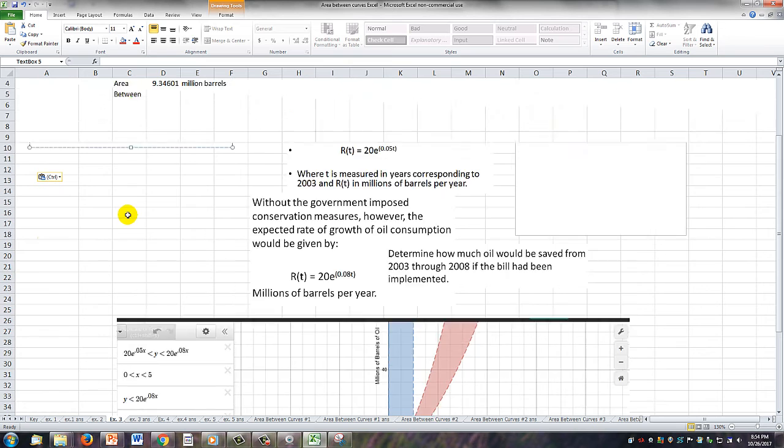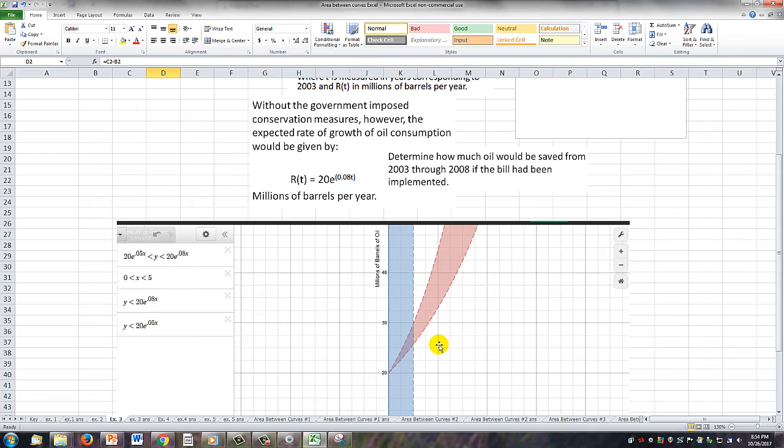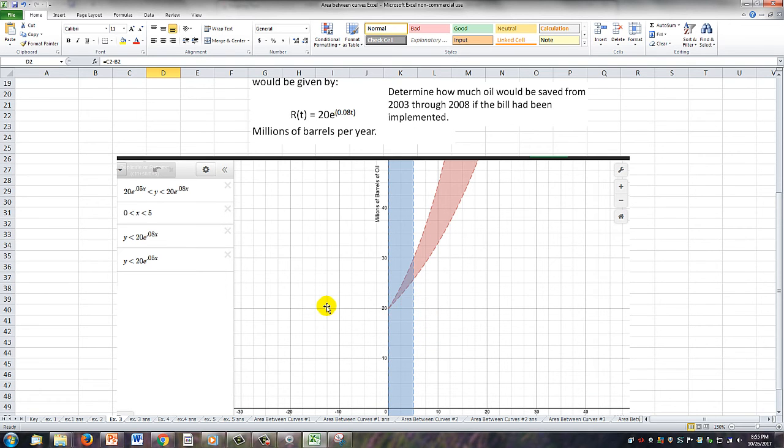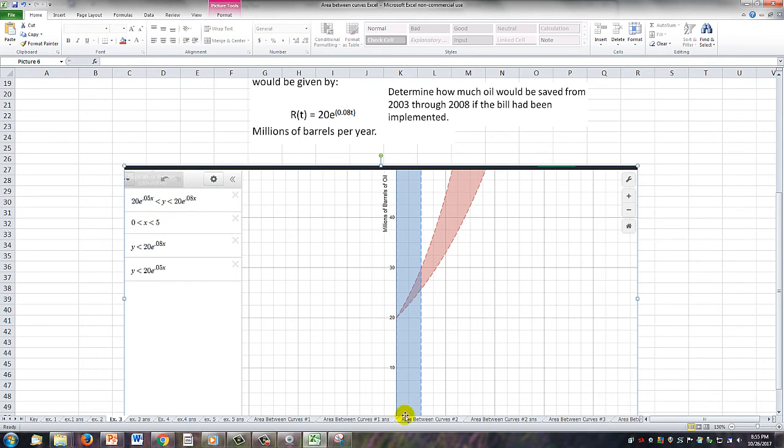This is the complete area under the curve without the bill, from here all the way down. And then you've got the area with the bill all the way down. So if you take this big area and then subtract out this, you'll be left with that sliver. So that's what we're doing.